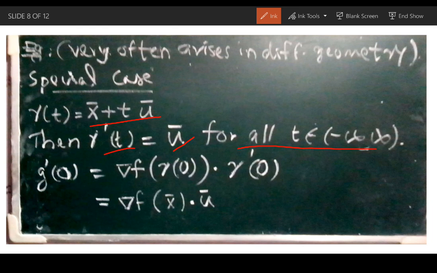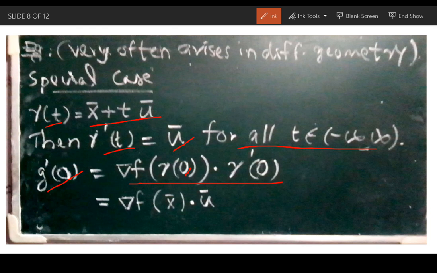Now let us compute g dash of 0. What was g dash of t? It was del f at gamma of t inner product with gamma dash of t. So put t equal to 0. So you will get del f at gamma of 0 into gamma dash of 0. Now what is gamma of 0? When t equal to 0, gamma of 0 is precisely x.